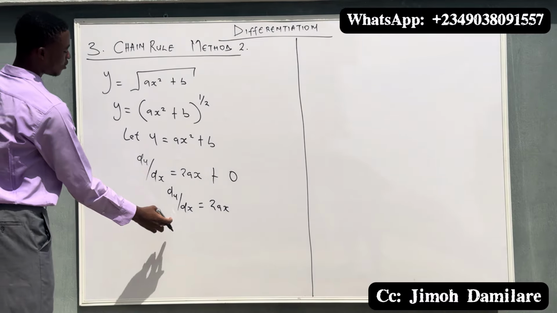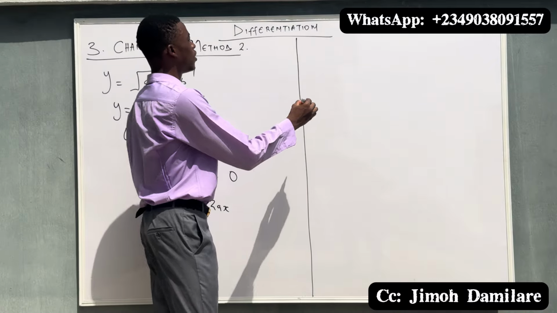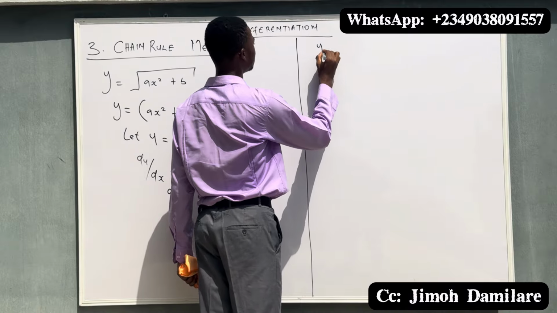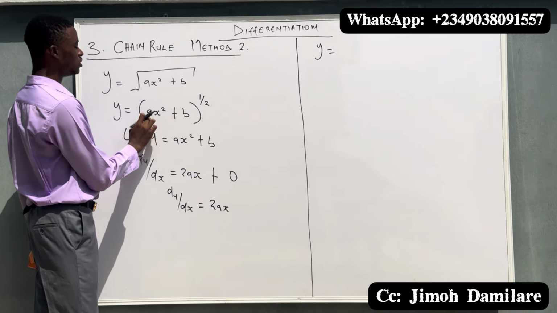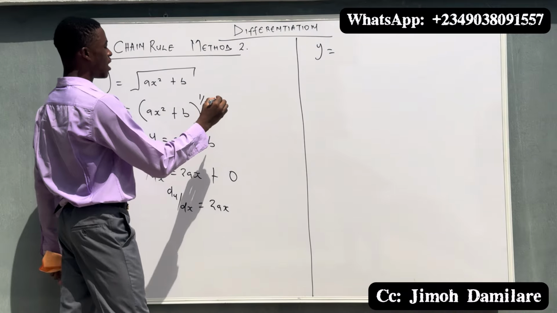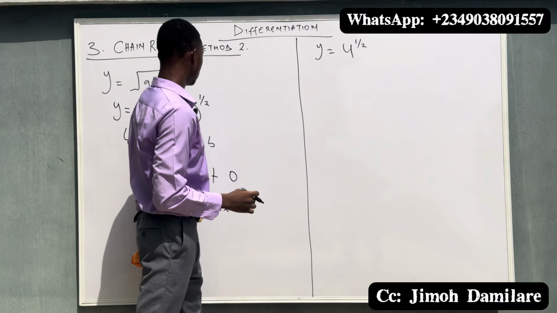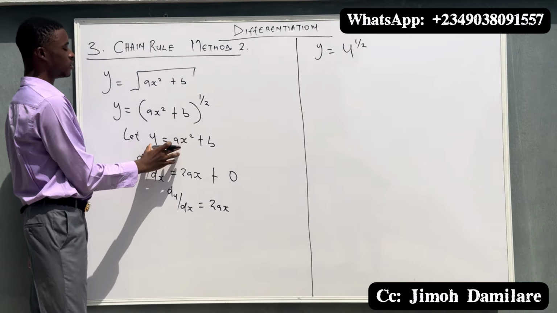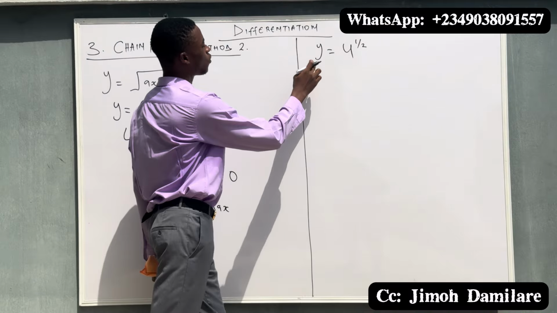Now that we have gotten our du over dx to be equal to 2ax, let's get our dy over du. We know that u is equal to ax squared plus b, so instead of rewriting everything in this bracket, we can express this term as u. So we have y equal to u raised to power 1 over 2. We can now differentiate y with respect to u.